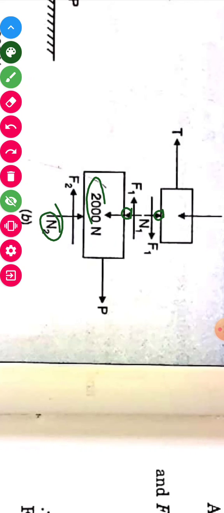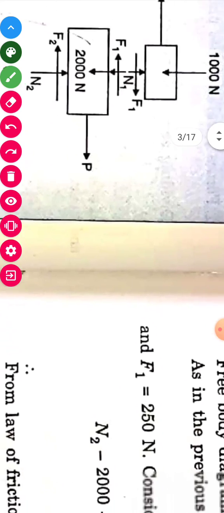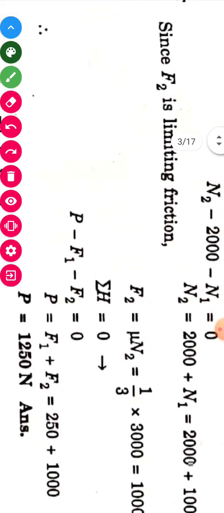N1 is acting in pairs, upside and also on block B. So this is already considered. So N2, 2000, N1, three forces. Can you see any other force? No.